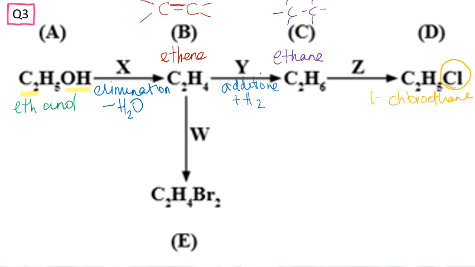Again, it doesn't matter here because with something that has only 2 carbons, no matter which way you put it on, when you name it, it would be 1. And that conversion from an alkane to a chloroalkane, so Z there, that's going to be my substitution reaction or my free radical reaction.